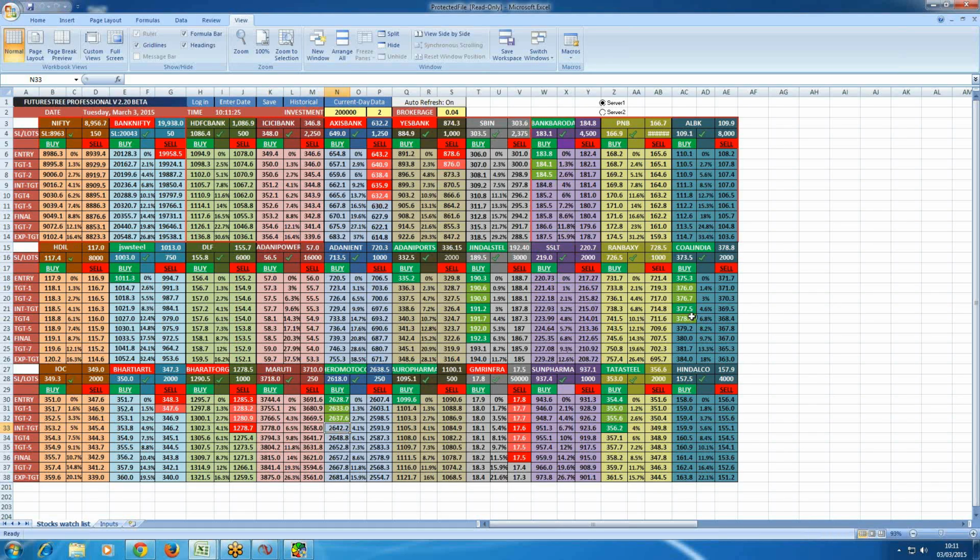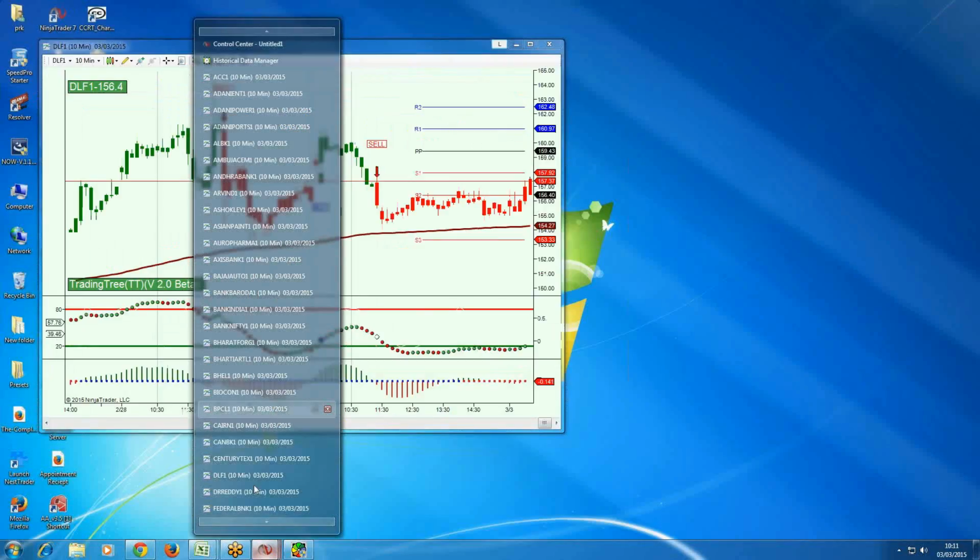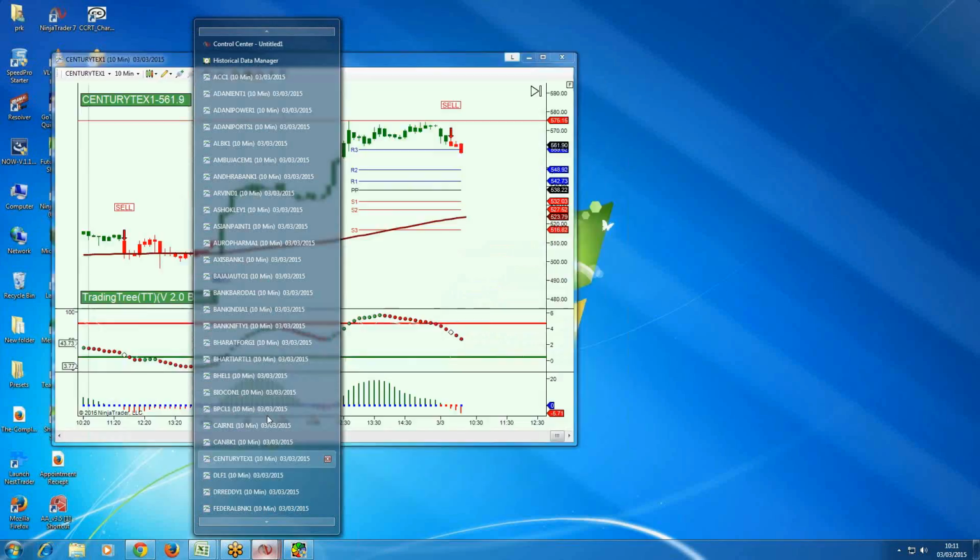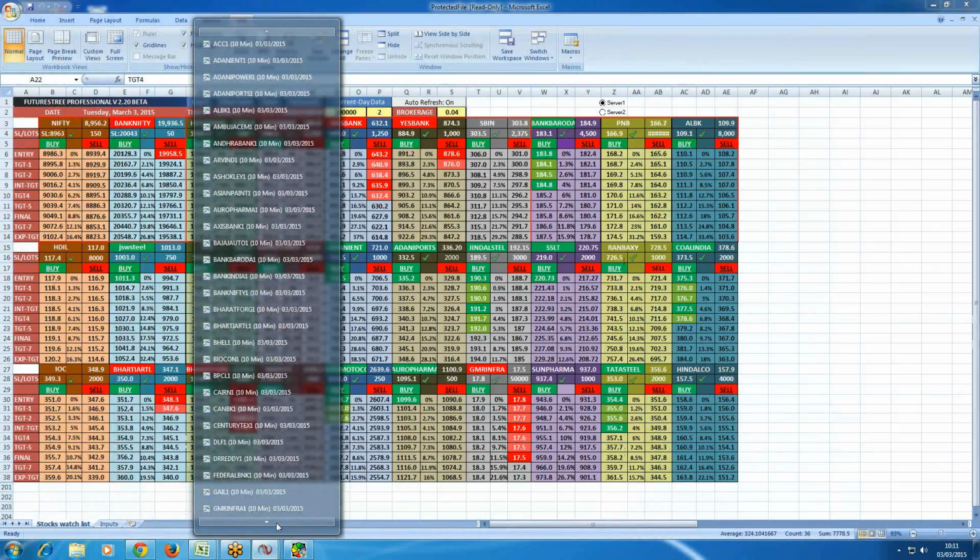So meanwhile, you're talking, and then Coal India is almost at target 4. So you can just go to the Coal India chart here and check. I think I haven't opened it.